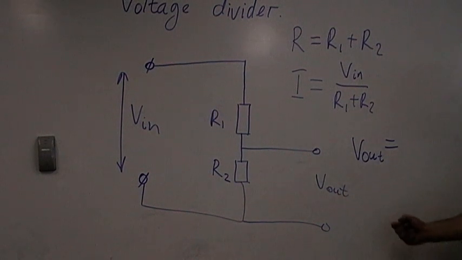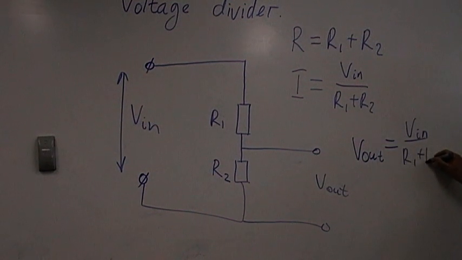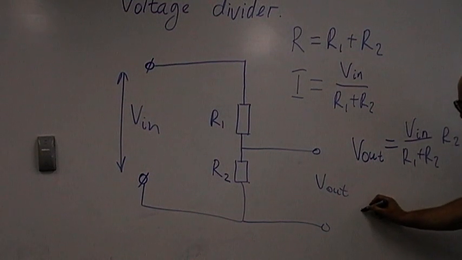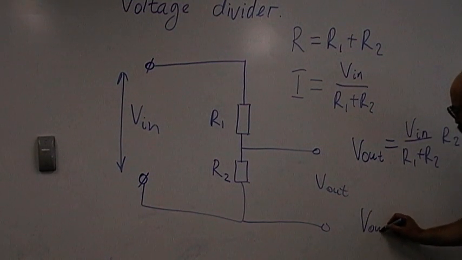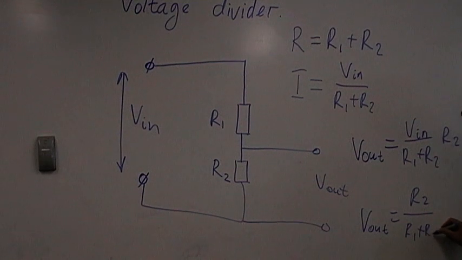So we'll have current, voltage in over R1 plus R2, times R2. Just rewrite it as voltage out equals R2 over R1 plus R2 times voltage in.